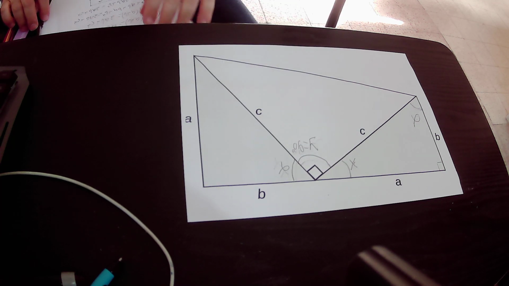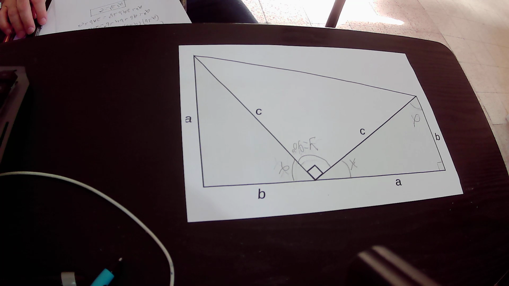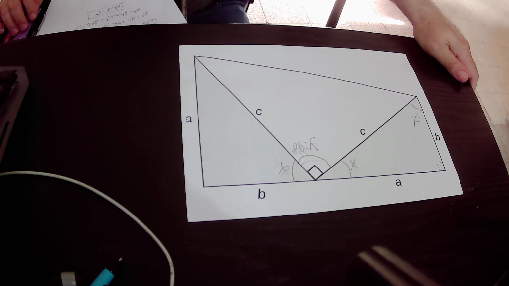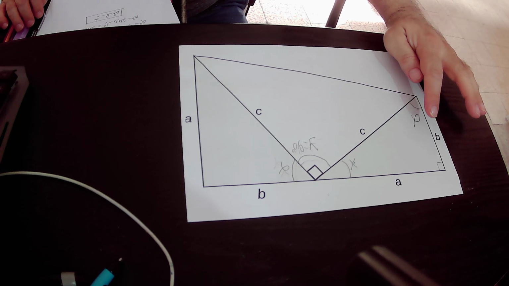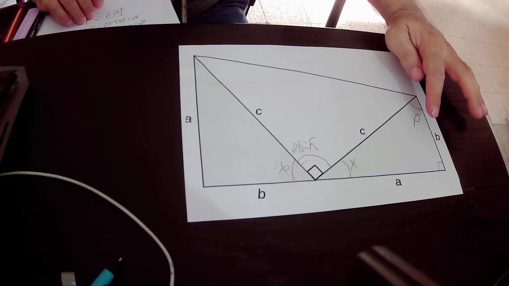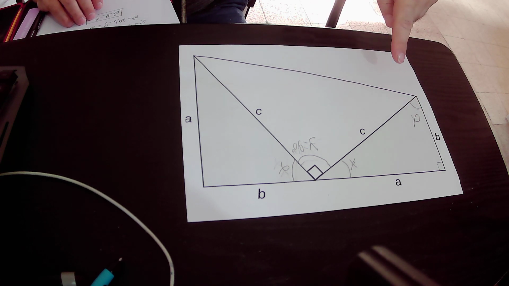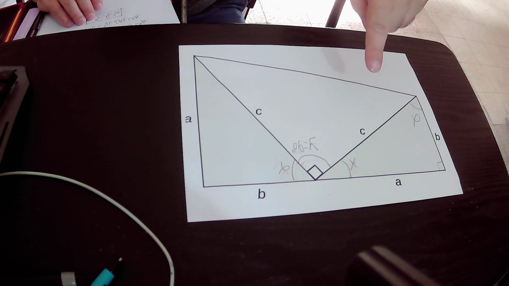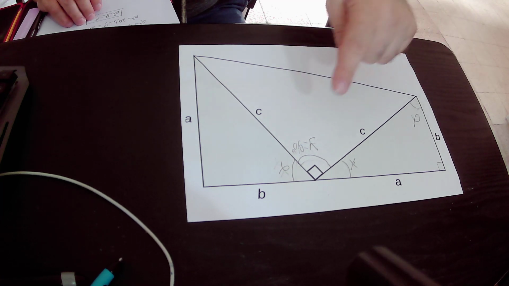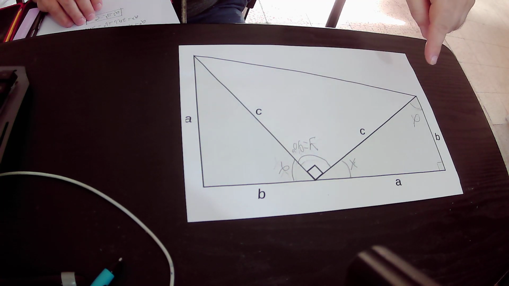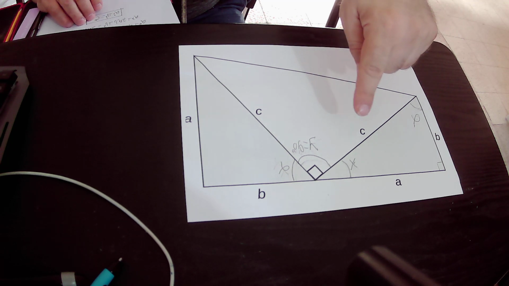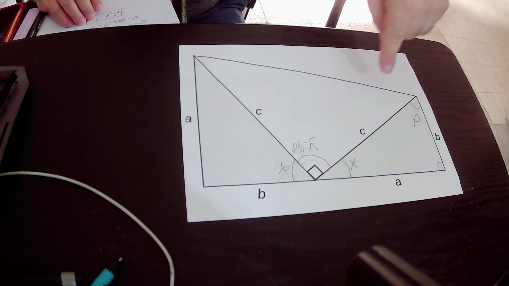Okay, so now we can summarize the lecture and say that we had a right triangle, and we wanted to prove that C squared equals A squared plus B squared, or the square of the hypotenuse equals the sum of the squares of the perpendiculars.